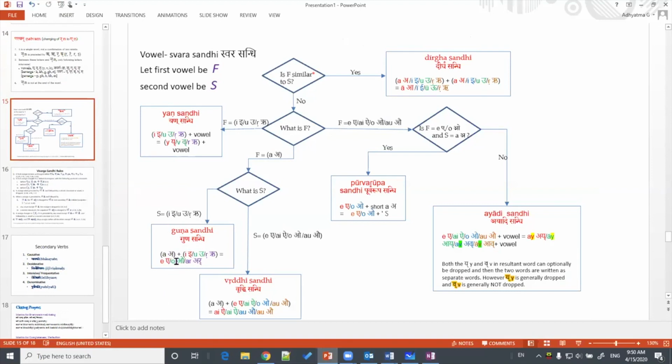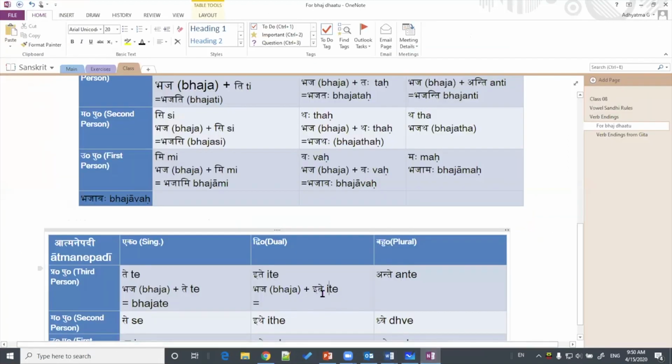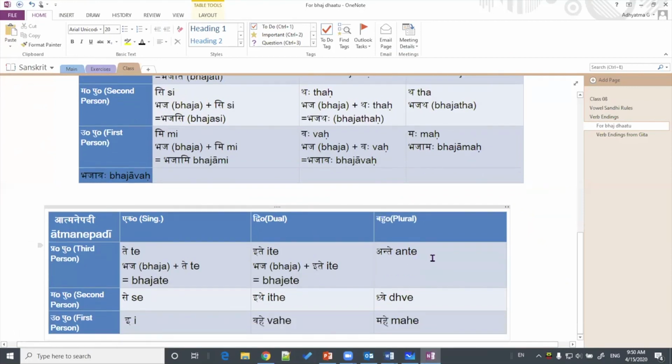A plus i becomes e, and here akara plus ikara becomes ekara. So it becomes bhajete. I'll write Devanagari later on.